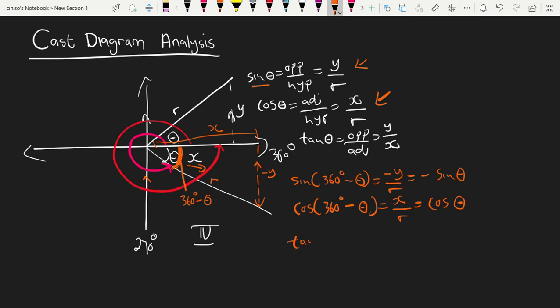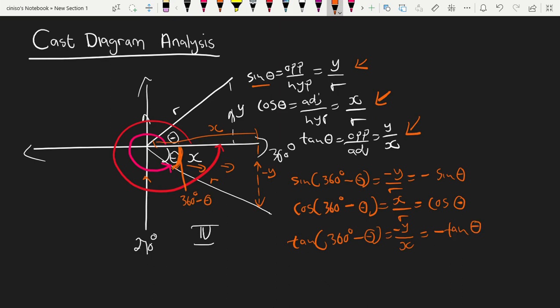Let's look at tan of 360 degrees minus theta. So the tan facing this one, negative y, adjacent side is x. So it's negative y over x, which we go to the basics again, we have y over x. But in this case, it's negative. It's going to be negative tan of theta.